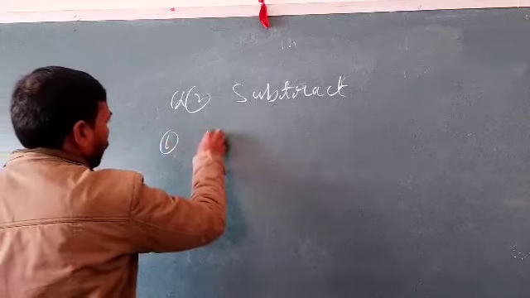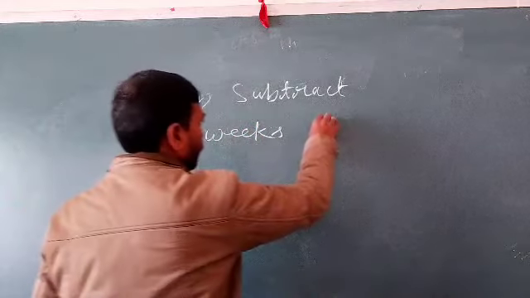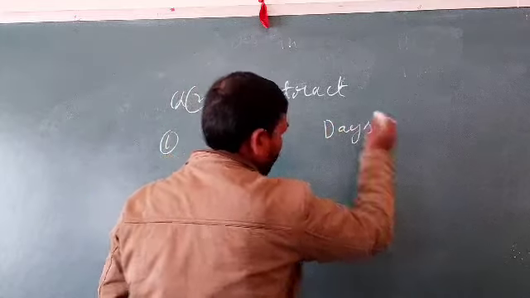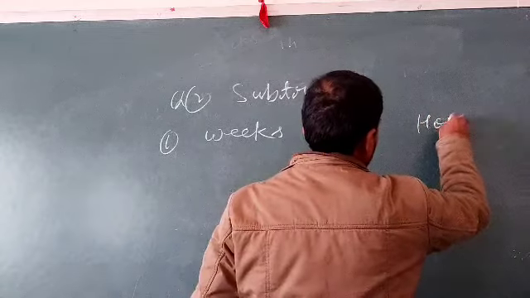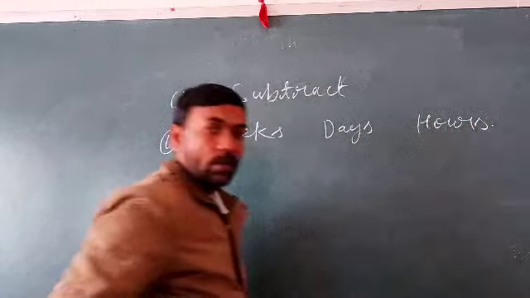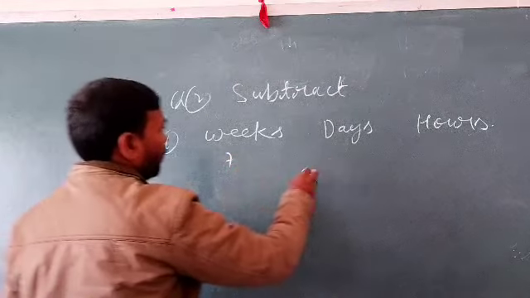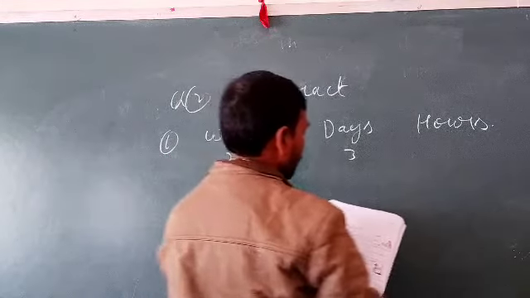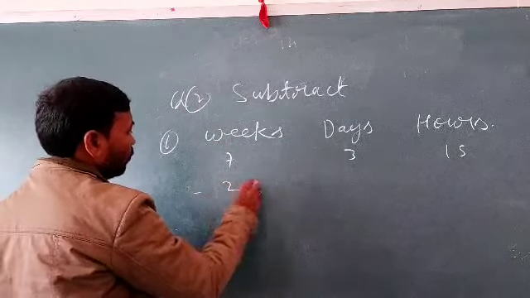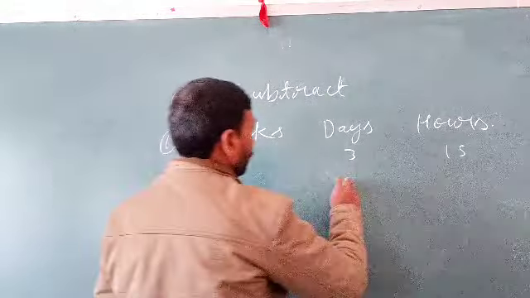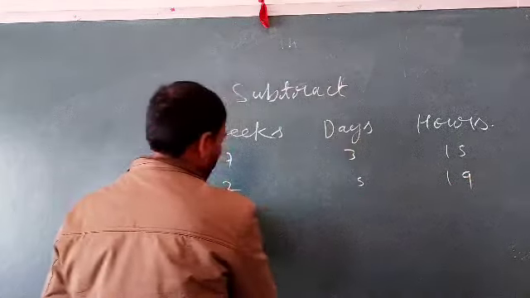First one: weeks, days, hours. 7 weeks, 3 days, 15 hours. You want to subtract 2 weeks, 5 days, 19 hours.